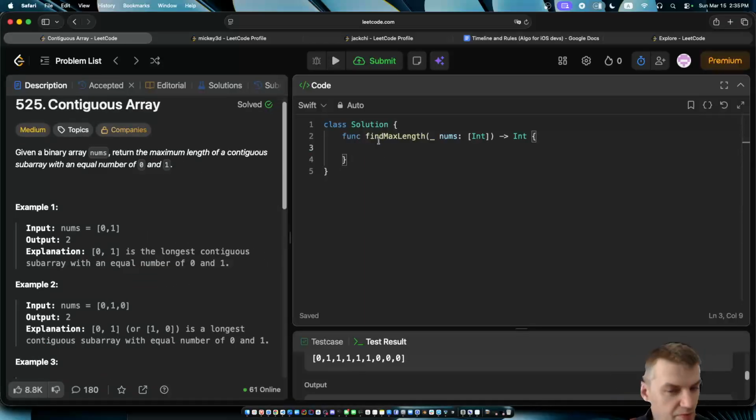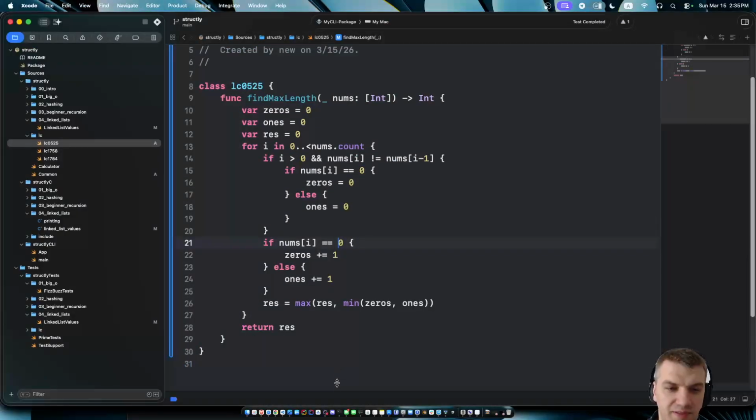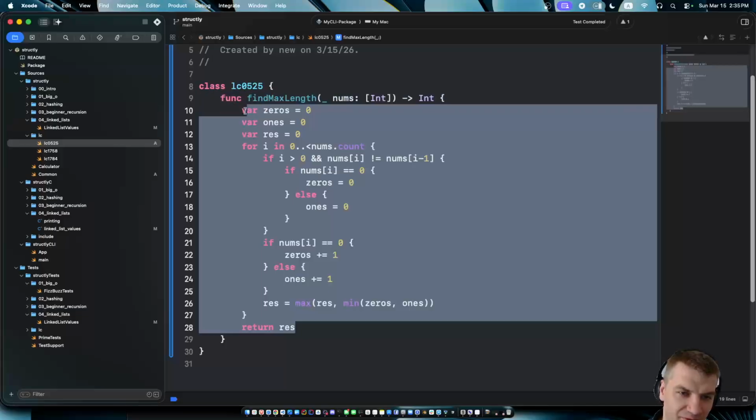So I'm going to be solving in Swift. I'll have this var map as a dictionary, and I'm going to push the value 0 with index -1. Here I was trying to solve it with DP, let me remove that.